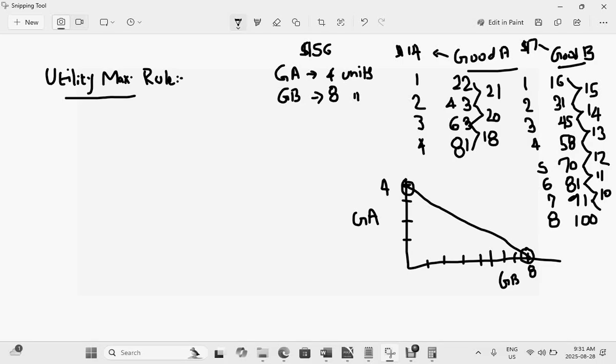And then finally, this will be 9. So this is your MU, marginal utility.